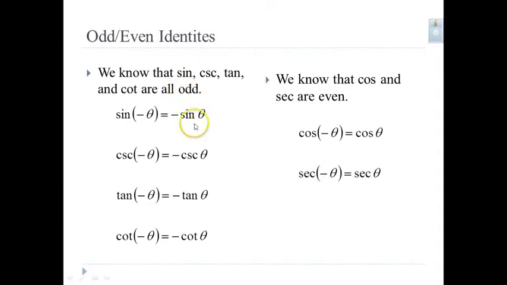We also know that our functions can be even or odd. We know that the sine function, cosecant, tangent, and cotangent are all odd functions. So if we take a look then, the sine of a negative angle is equal to the negative of the sine of the angle.